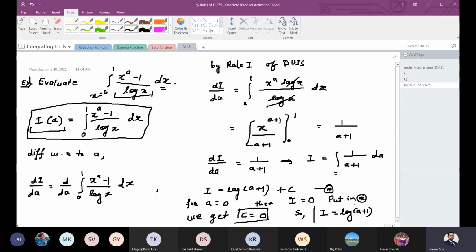This is the common silly mistake that I have seen so far. Students forget to put the c. In some cases, this integrating constant turns out non-zero. In this example, you got the integrating constant as 0, so it didn't make a lot of difference. But in some examples, that can become non-zero. So you have to take care of this integrating constant.